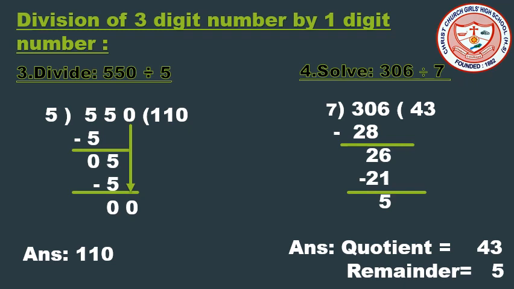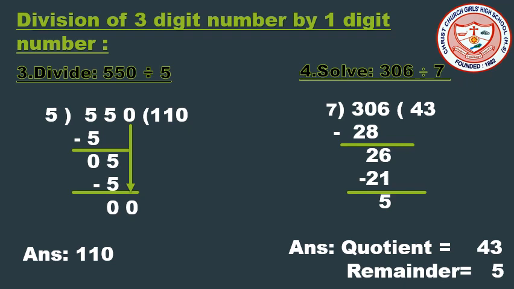Now if we subtract 28 from 30, we get 2. Done. Now we are going to bring down 6 ones. So now we have 26 ones. Now 26 ones divided by 7 equal to, we are going to take 3 because we know 7 threes are 21 and 7 fours are 28.